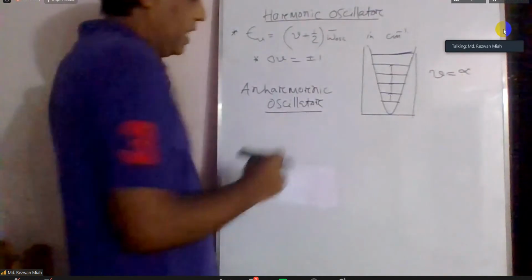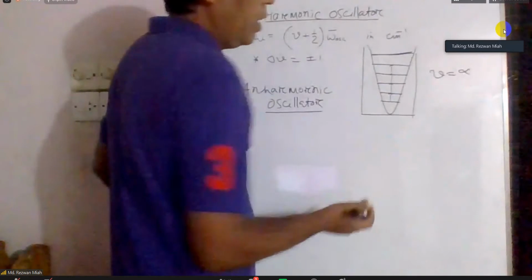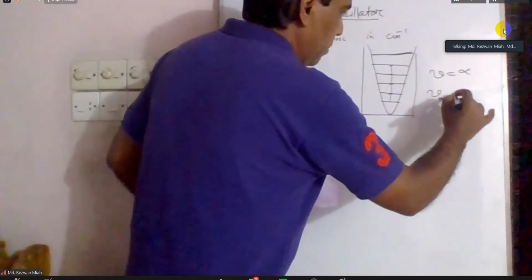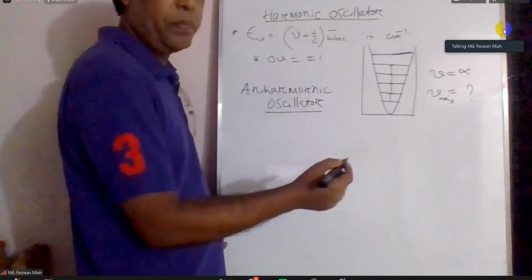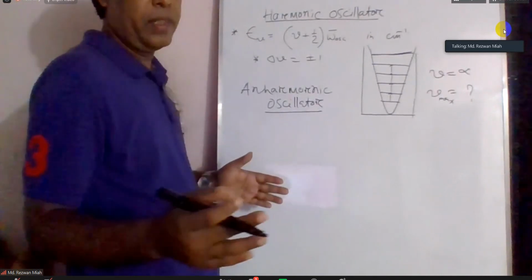But in the case of the anharmonic oscillator, with increasing v, it has some maximum value. You cannot have an infinite value. That is, at certain values of v, the bond of the molecule will dissociate.